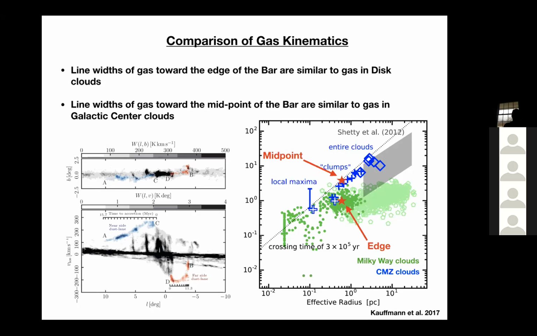But again, this could be caused by having multiple components in this region that are blended along the same line of sight and within our beam size. So higher angular resolution observations would be needed to determine what the kinematics are doing at this higher resolution.